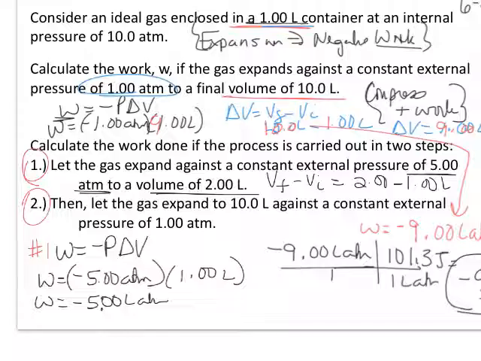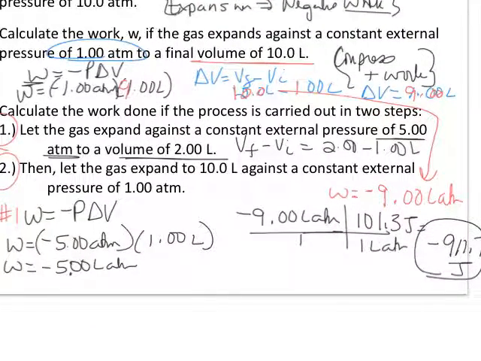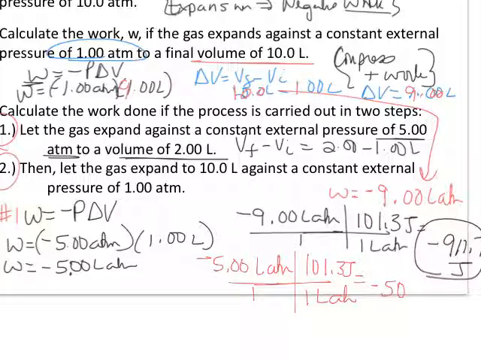And then let's convert this. Negative 5.00 liter atmosphere over 1. For 1 liter atmosphere, we have 101.3 joules. This works out to be negative 506.5 joules.